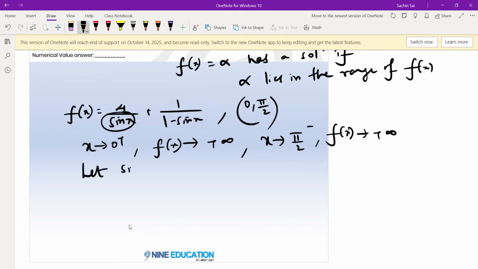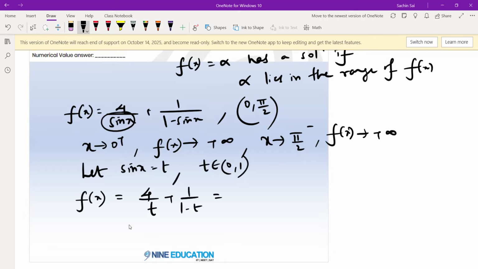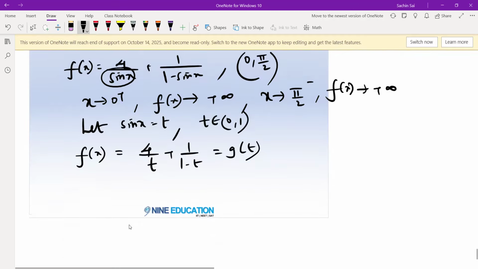Let sin x equal t, which means if x lies between 0 to pi by 2, t lies between 0 to 1, and f of x will become 4 by t plus 1 by 1 minus t, which can be taken as another function g of t. Right? So now you have to find the minimum value of this function.